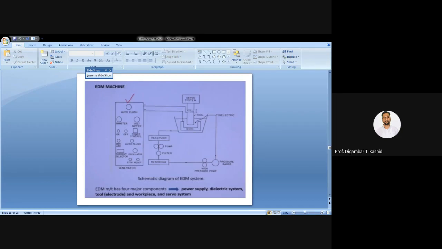Here the tool is there, and inside the tool there is a hollow. The first is suction through the electrode.